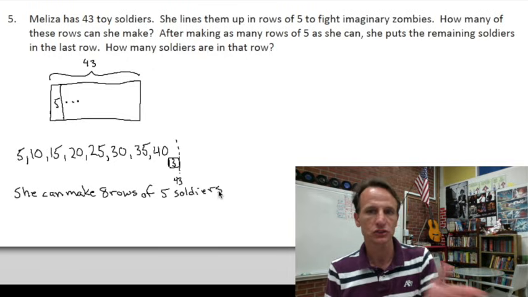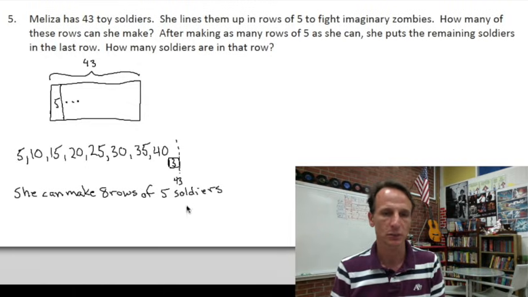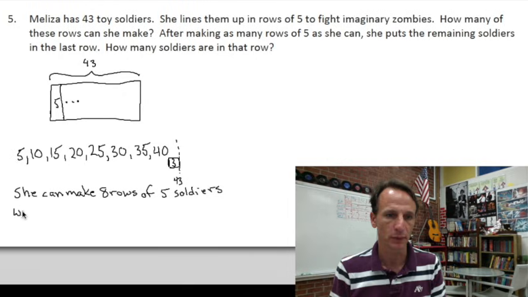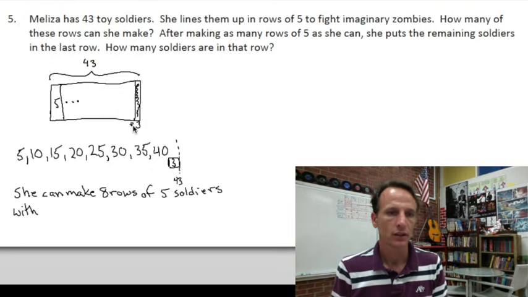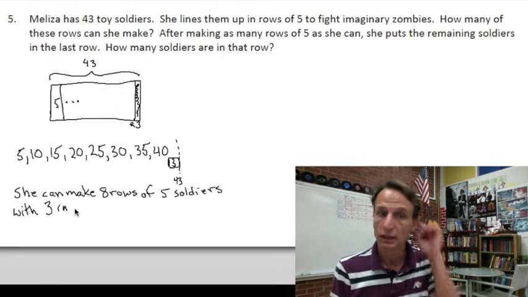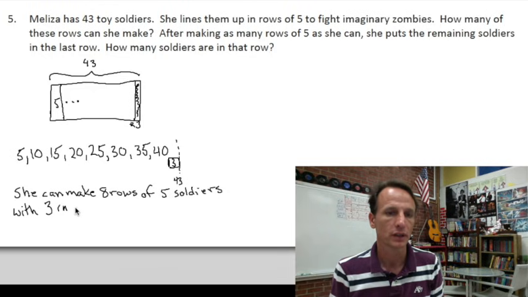And how many soldiers are in that last row? She can make 8 rows of 5 soldiers with, well, how many were kind of left over here, right? We again can mark that, say, hey, this here is our remainder of 3, with 3 in a last row.